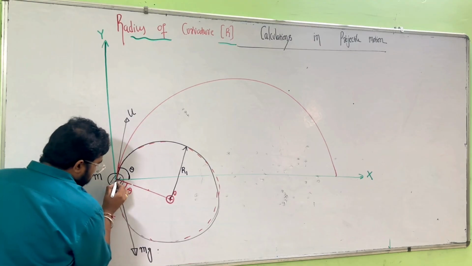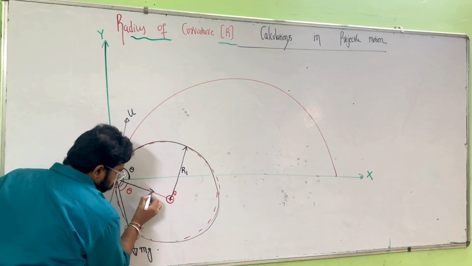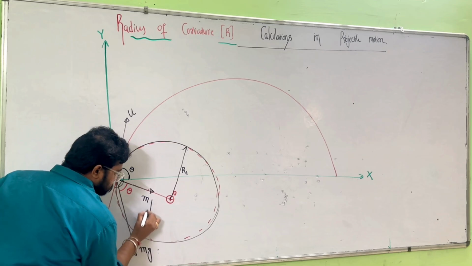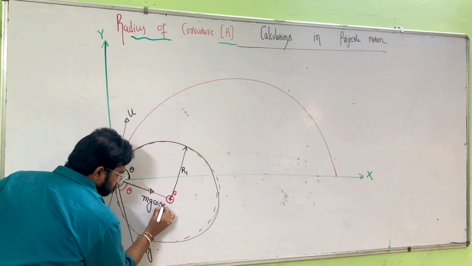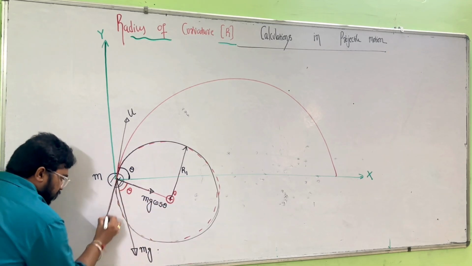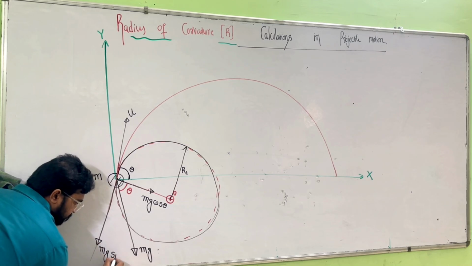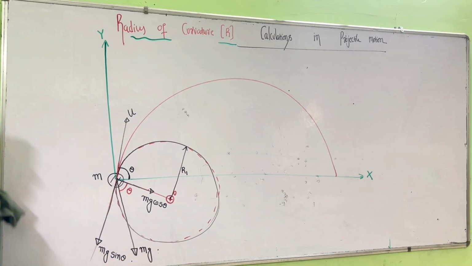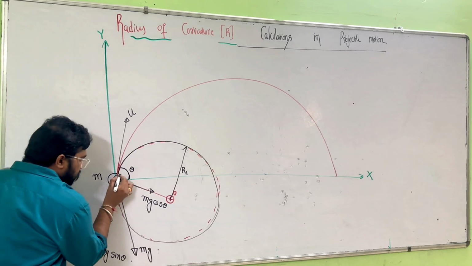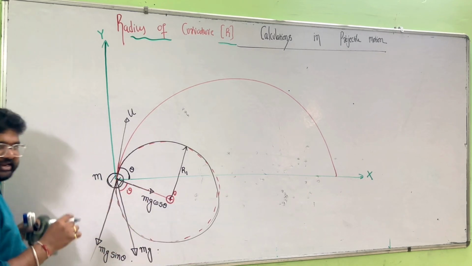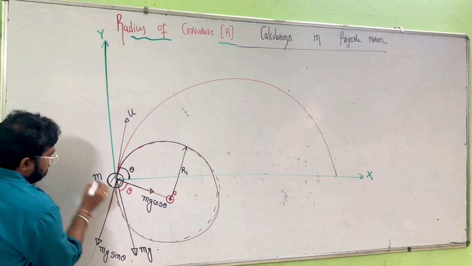So how to draw this? Mg along this direction, what will you get? Mg cos theta. Along the other direction, mg sin theta. It is in circular motion, with radial acceleration towards the center.